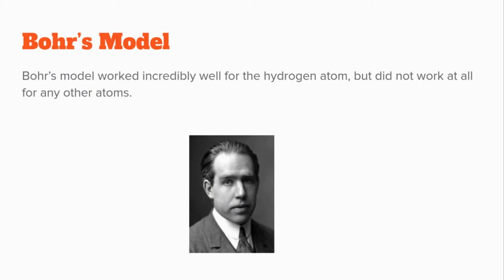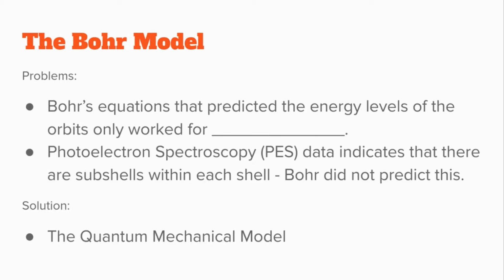So Bohr's model was great for the hydrogen atom. It worked perfectly, the numbers lined up and everything. But the trouble was Bohr didn't take into account several things, including that shielding effect. And so his model was not able to be used for any other atoms.